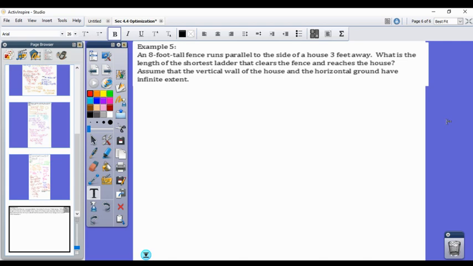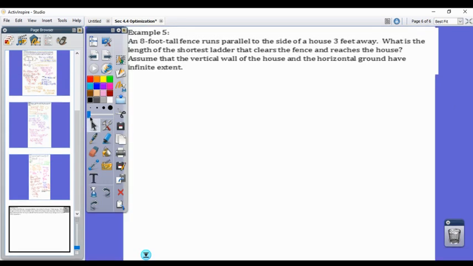Okay, so let's draw a picture. So this one is going to have some similar triangles going on. So we have our house, and 3 feet away is our fence, and the fence is 8 feet tall.